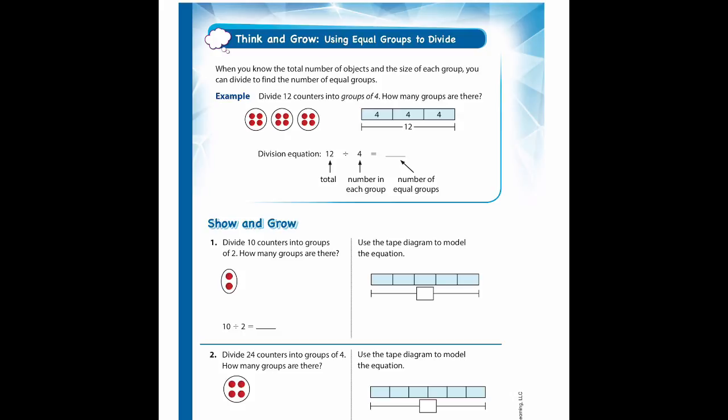Welcome back, learners. We are going to look at this first example here. What we're going to do is look at when you know the total number of objects and the size of each group, you can divide to find out the number of equal groups. A way that I would use this in real life is if I had those 24 M&Ms and each kid should eat 4 M&Ms.